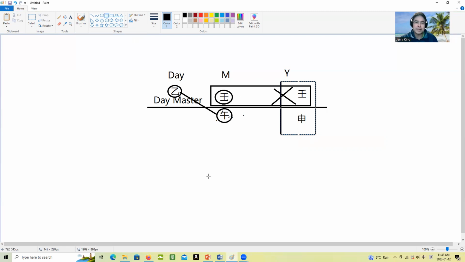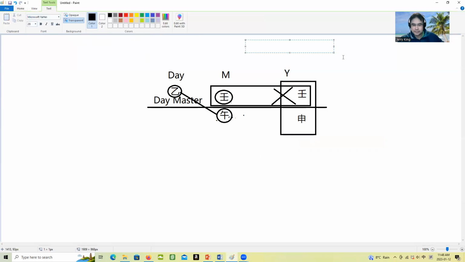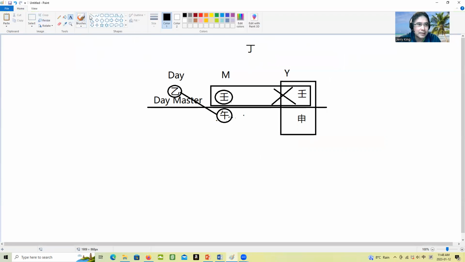However, there is a remedy for this. The ideal remedy is to use the Ding, because the Ding can combine with either one. It can combine, unplug the water, and take it away. It could possibly transform to wood, but that's very difficult in this case.